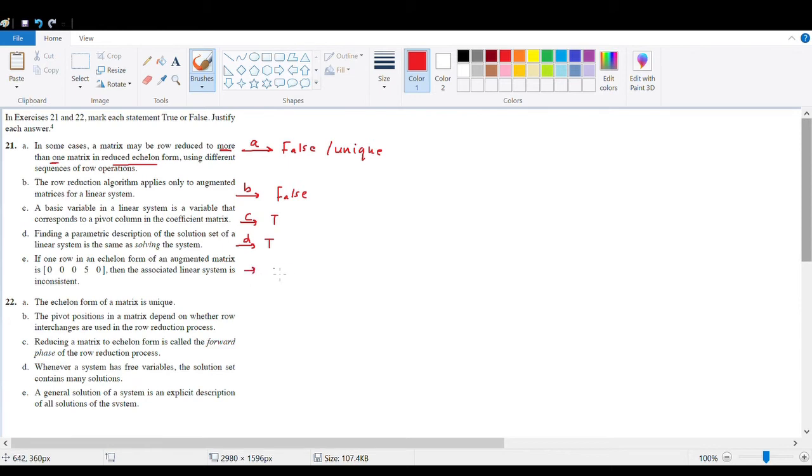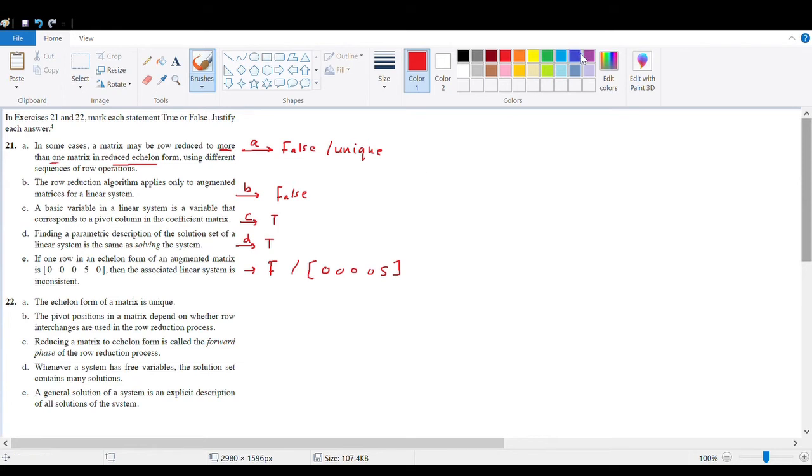This one should be false. Because we say that the system is inconsistent if we have 0, 0, B. Not this one. This one is, the system is consistent. So this one should be false. The right form should be 0, 0, 0, 5, for example. This one is inconsistent, but this one should be consistent.